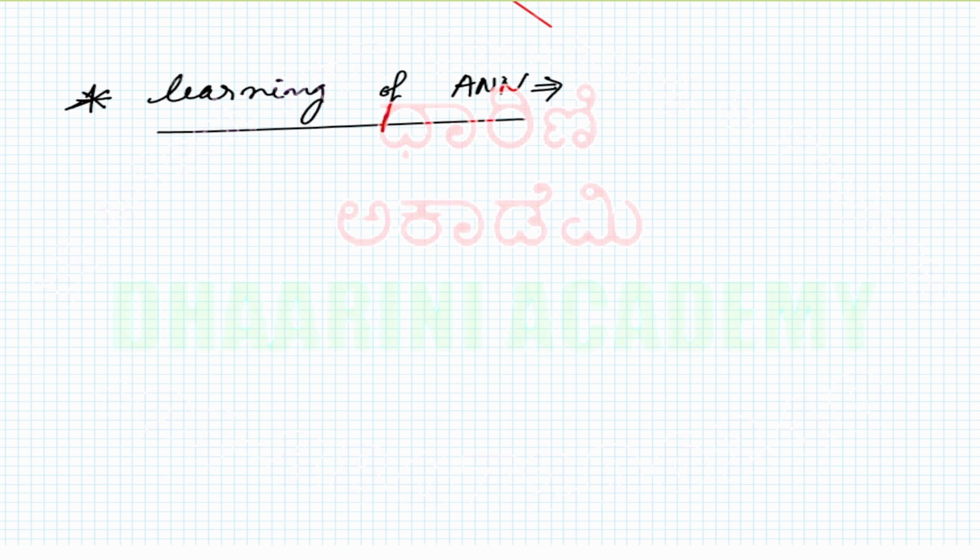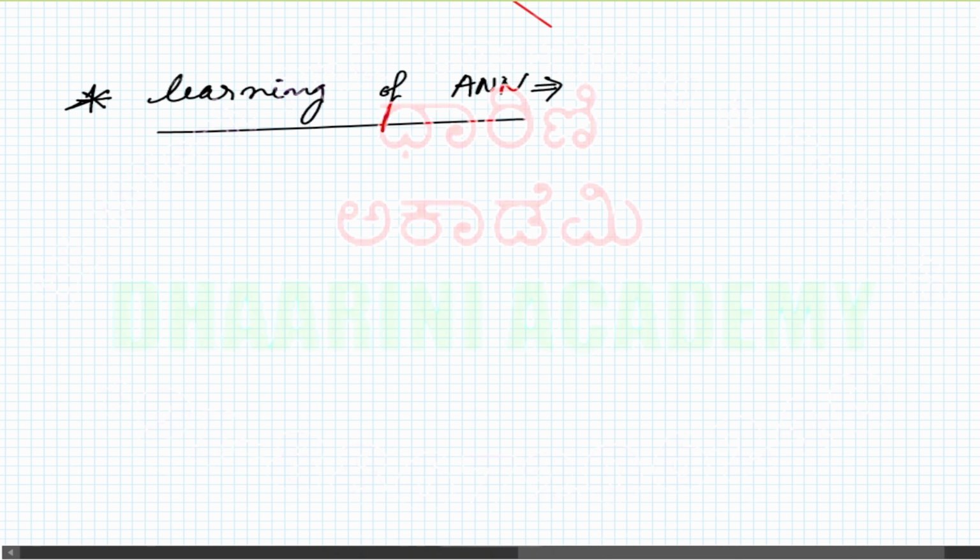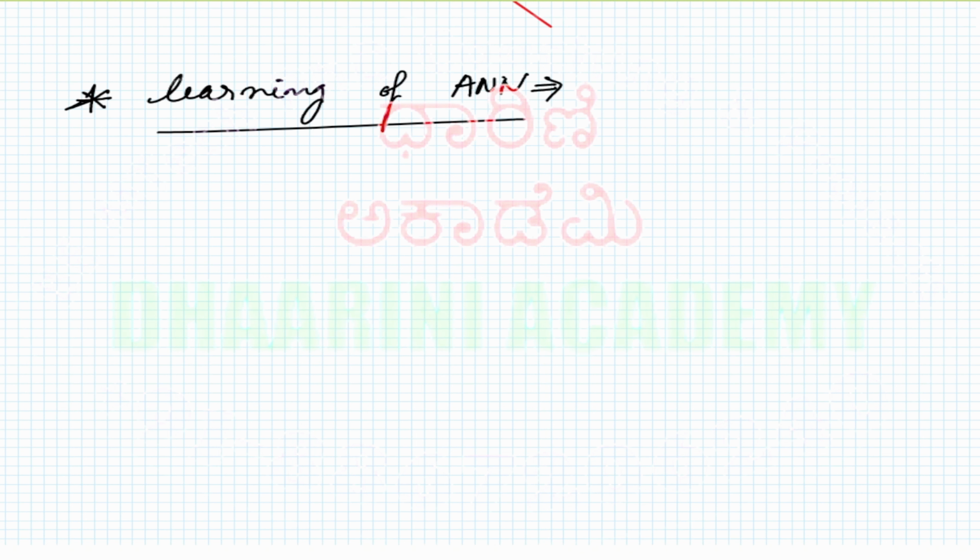So my question is now, when I say a neural network has learned something, what does it mean? According to you, now you have solved a few problems, and you said that the neural network has learned how to classify the given inputs to form an OR gate or an AND gate.